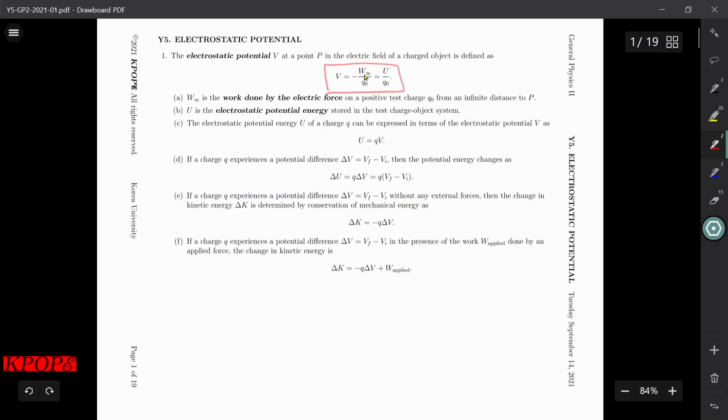Here, in the numerator, W infinity is the work done by the electric force, so there is a negative sign on it. This is negative the work done by the electric force on a positive test charge Q0, divided by Q0.